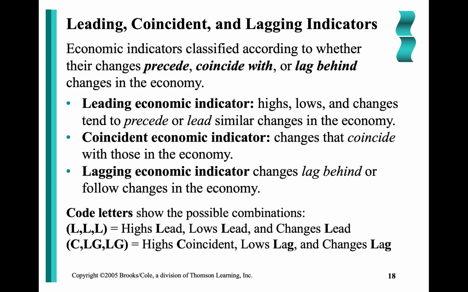It's not leading as in important, it's leading as in it comes first. It comes before the changes in the economy. A coincident indicator coincides with the economy. They occur at the same time. And a lagging indicator is going to lag behind. It's going to follow the changes in the economy.